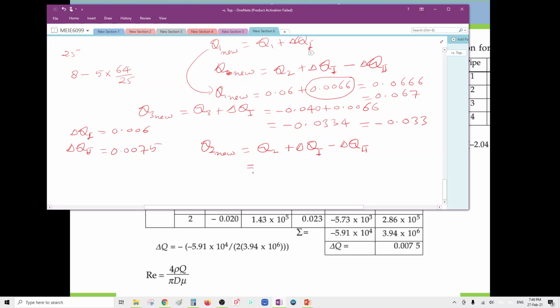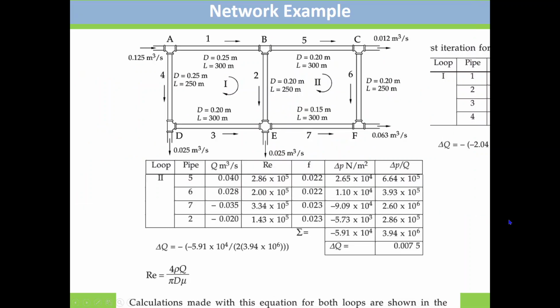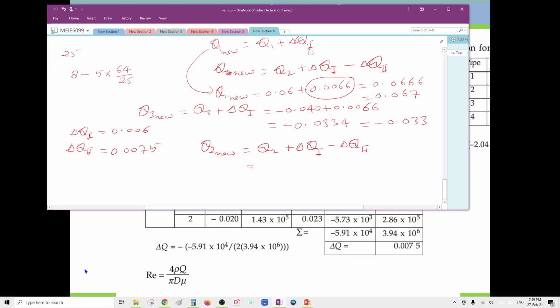When we prepared the table, Q2 was minus 0.02. So this is minus 0.02 plus 0.0066 minus 0.0075.